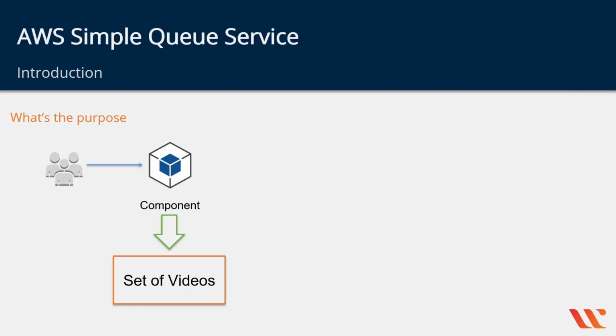You could have another component as part of the application which is responsible for processing those videos. So you have two components: one is responsible for uploading the videos from the users, and the other is required for processing the videos.